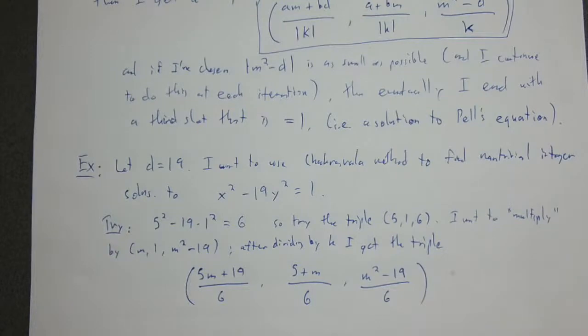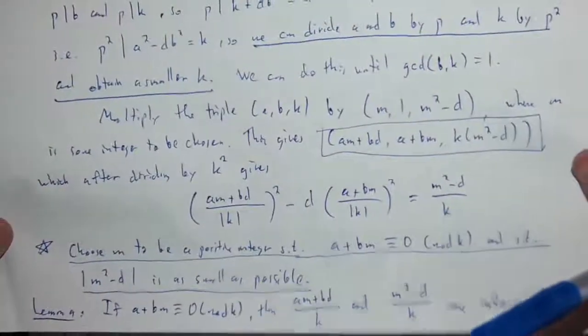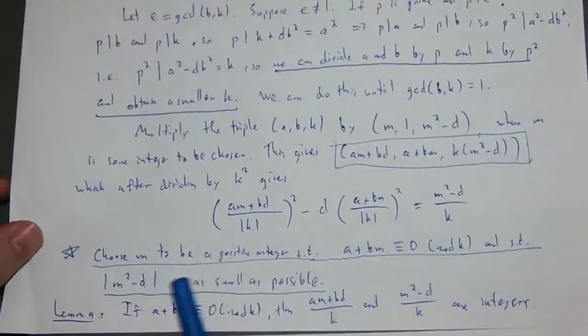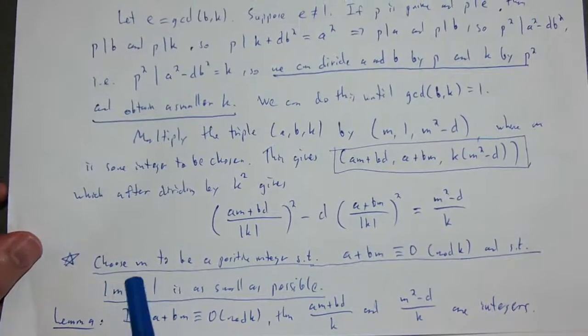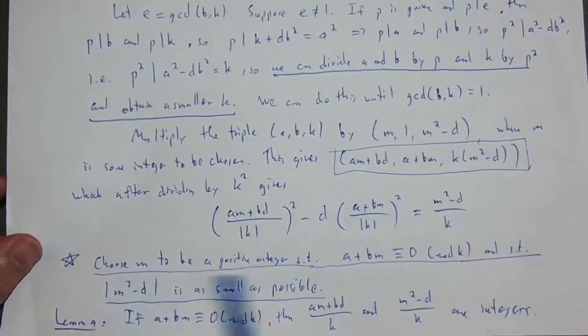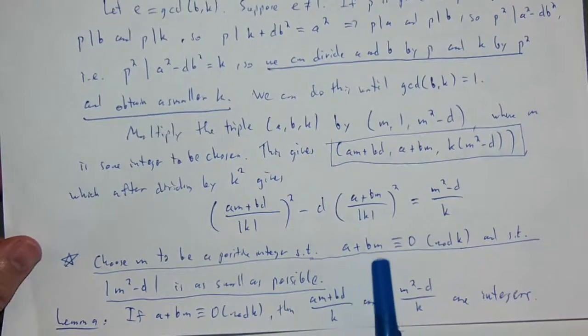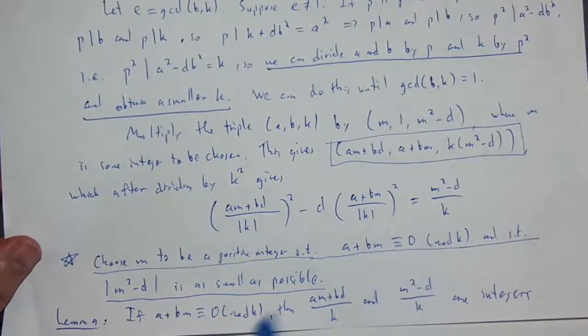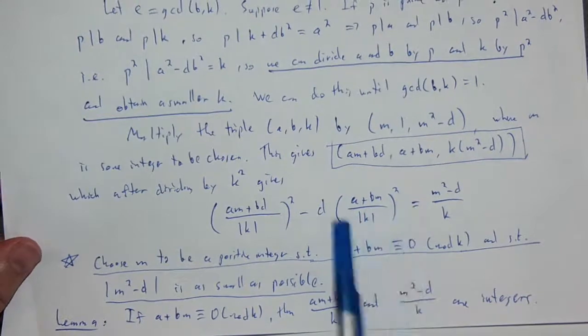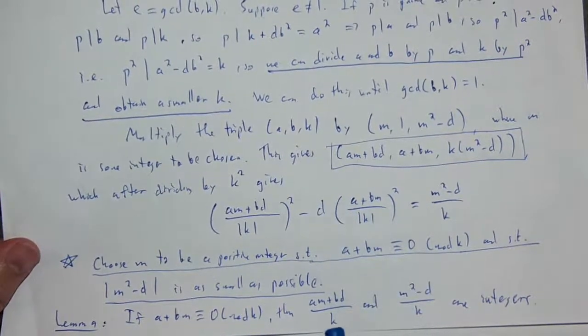Now, what is my next step? Well, let's go back to my Chakravala method process. This is the commandment to choose m to be a positive integer such that a + bm is congruent to 0 mod k. So a + bm is the numerator in that middle thing in the triple.